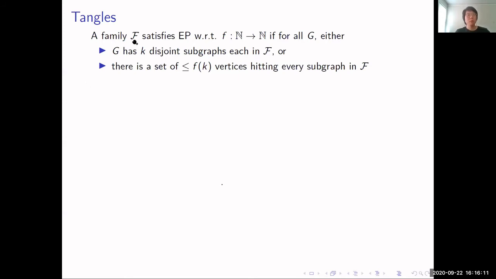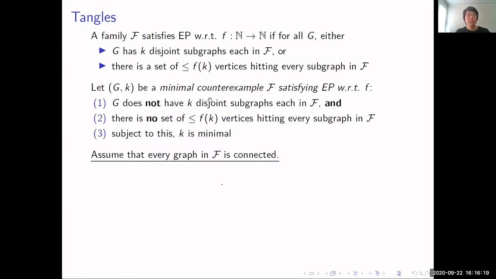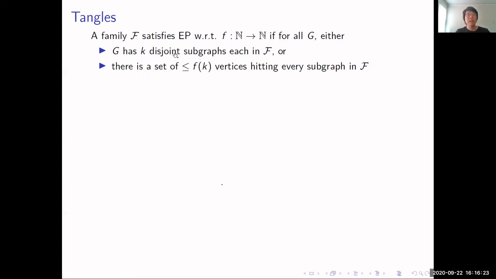Okay, so now suppose that the family doesn't satisfy the Erdős-Pósa property with respect to this function. Then that means there exists a graph that doesn't have k disjoint subgraphs in F, but also doesn't have a small hitting set of size f of k.